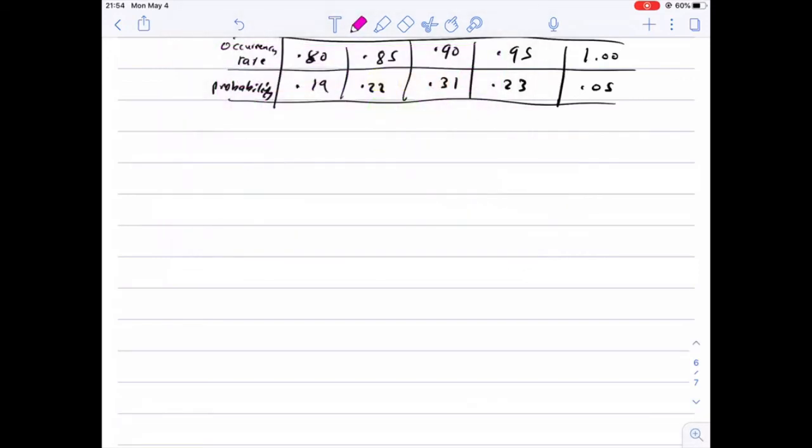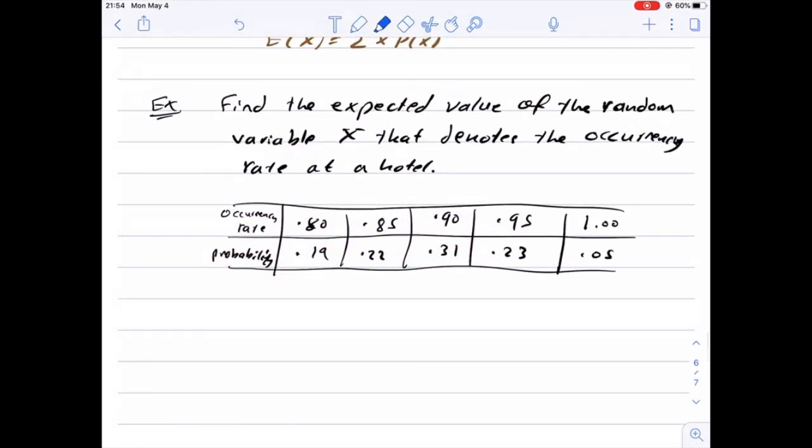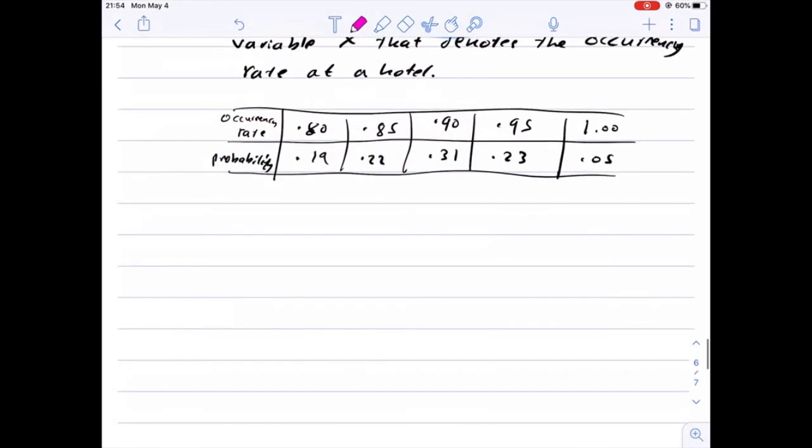Now we want to find the expected value. So we are asked to find the expected value. What is the expected value? Let's denote this as x and the probability by p. So we multiply each x by its probability and add it to the next product of the value of the random variable by its probability until we finish the table. So the expectation of the random variable x is 0.80 times its probability.